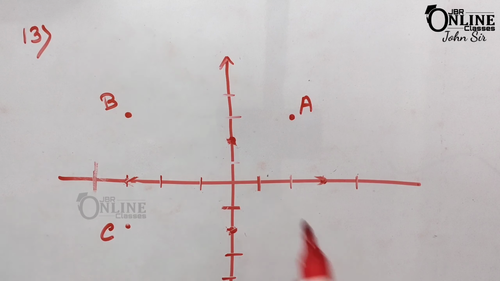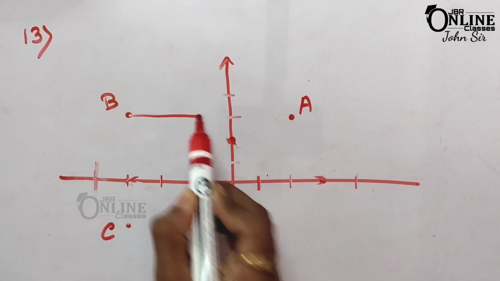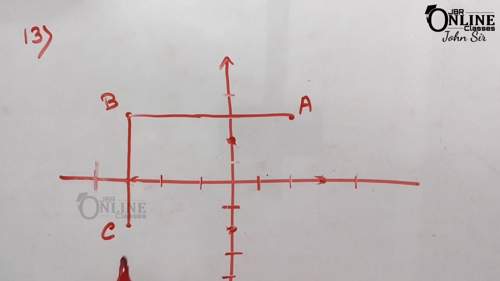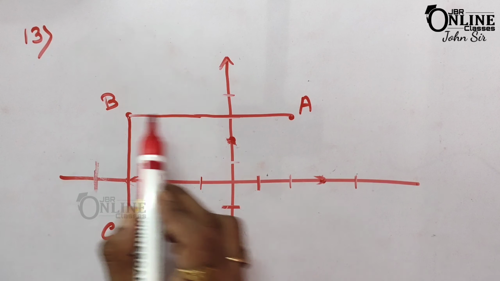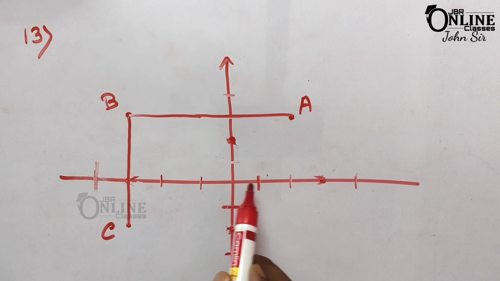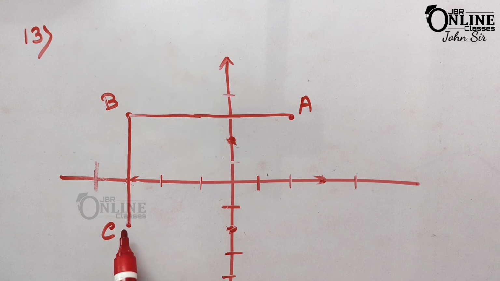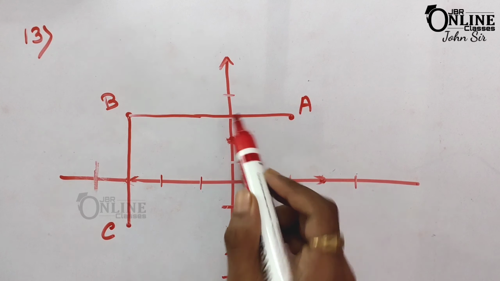If you join A and B, and also B and C, then from A to B it will be 1, 2, 3, 4, 5 units. Also from B to C there will be 1, 2, 3, 4, 5 units.